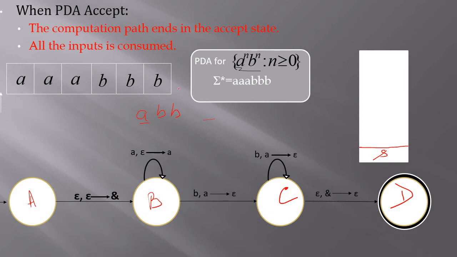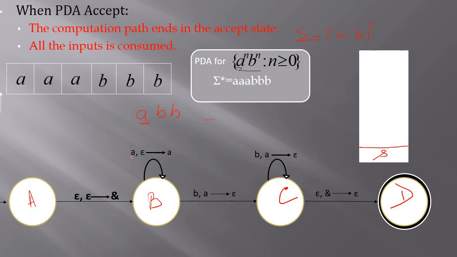Now the string contains sigma, and what is sigma? Sigma is A and B. It means either you encounter nothing, or you will encounter A or B. What you should do if A comes, and what you should do if B comes, we can see in the figure.